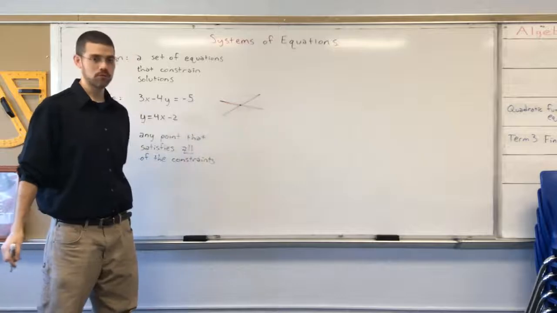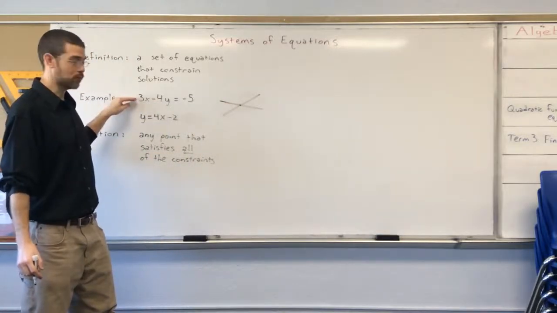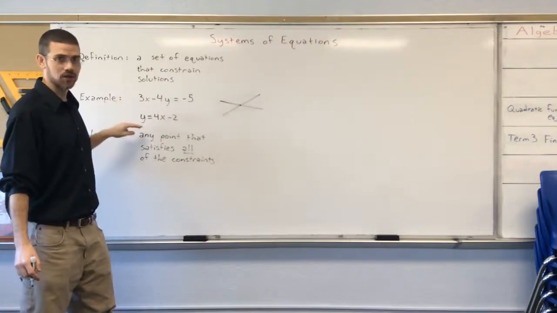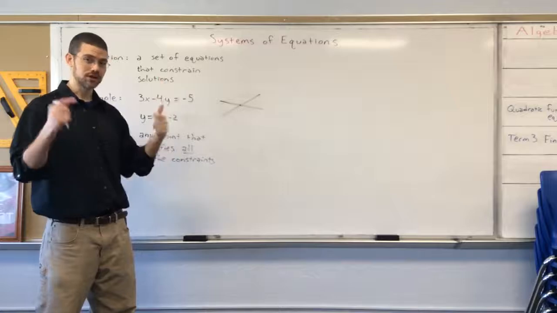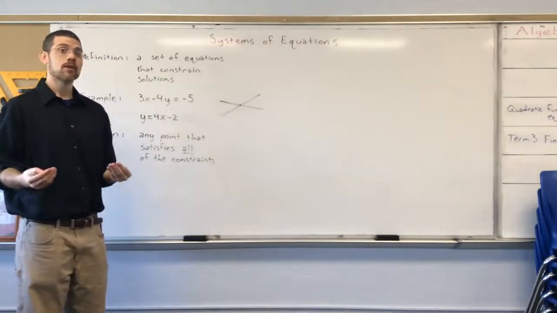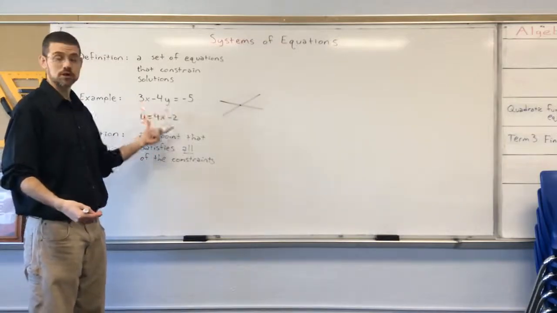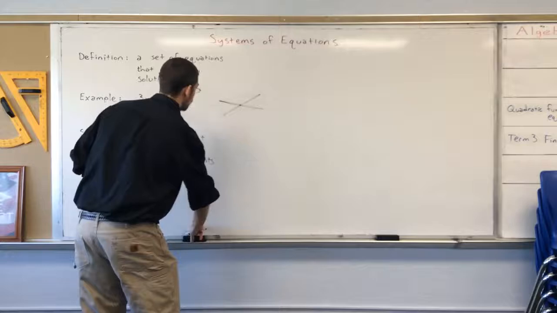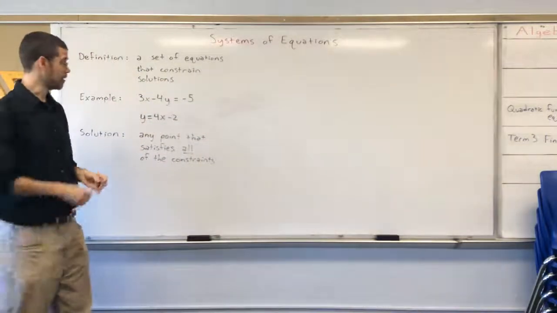There's exactly one point at which this equation would be solved and the other one would be solved. So that case would only have one solution, exactly one solution. And the solution would be the x coordinate and the y coordinate that is a solution to both equations. Okay, so let's look at our particular case and see what we get.